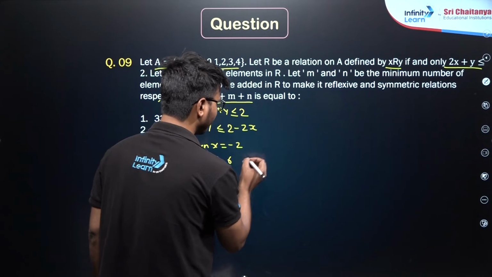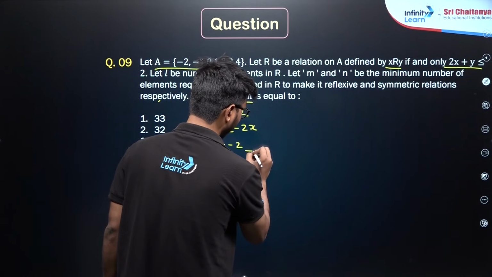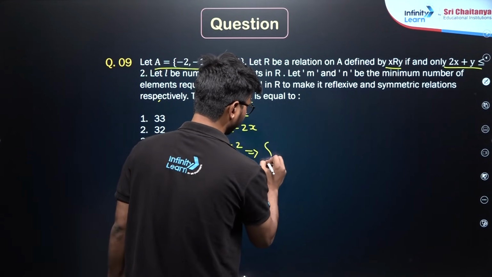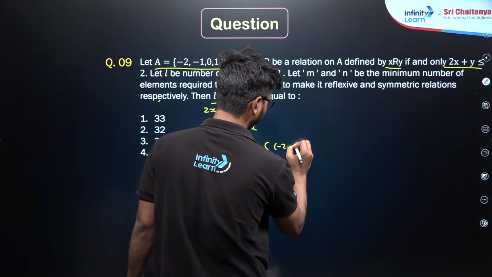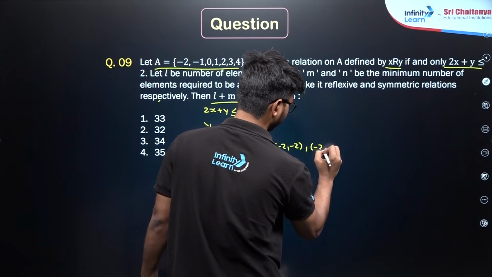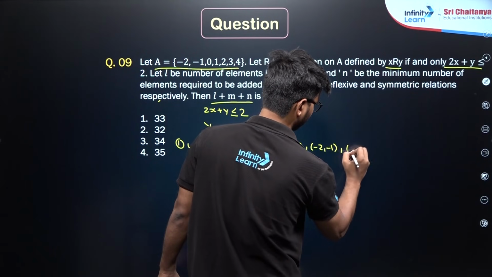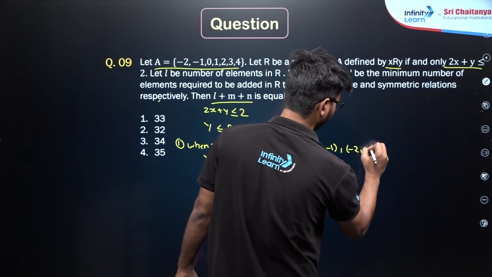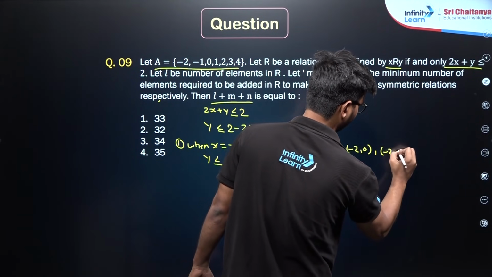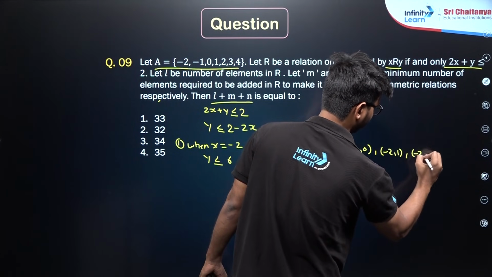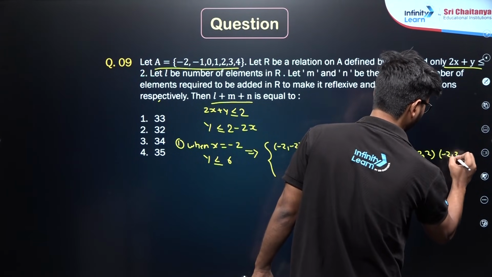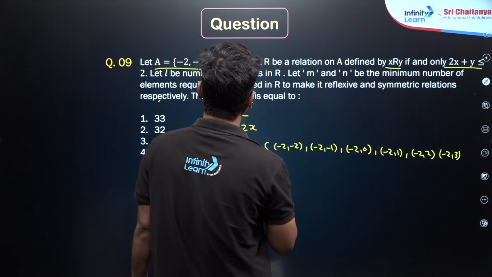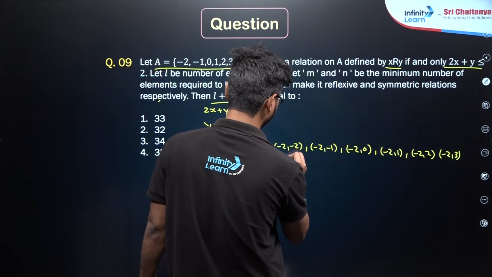So what is the set that I am going to get? For this I am going to get the set as (-2, -2), (-2, -1), (-2, 0), (-2, 1), (-2, 2), (-2, 3), and (-2, 4), correct?